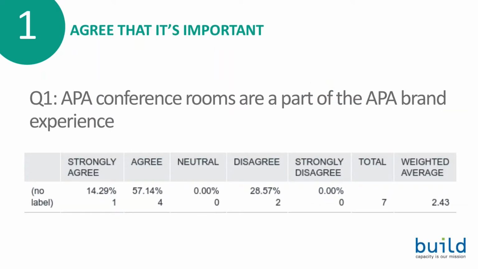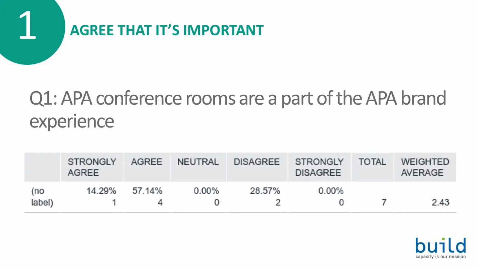The first question was really interesting to me. It was about the extent to which the vice presidents viewed the conference rooms as part of the brand experience of the organization. There wasn't a ton of strong agreement about this, and there were actually some folks who disagreed. I haven't gotten a chance to entirely unpack this yet, but I think it is worth exploring more with this group.